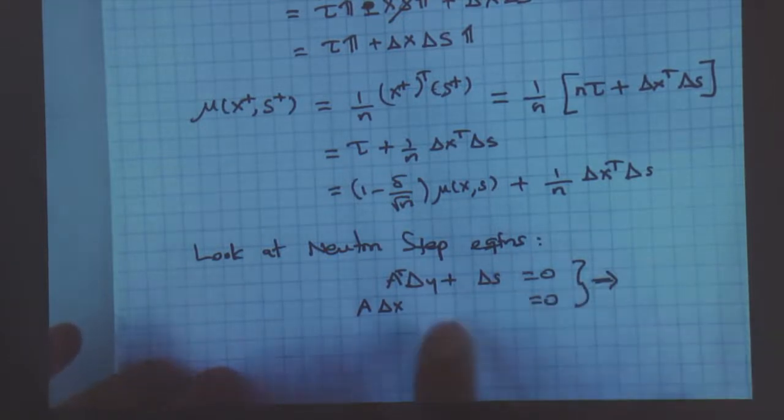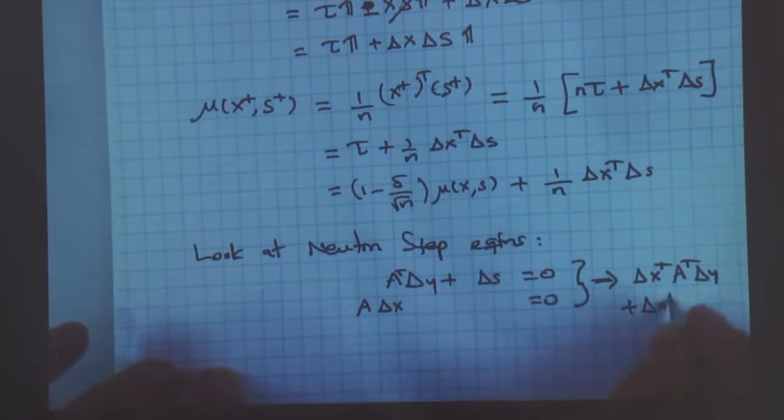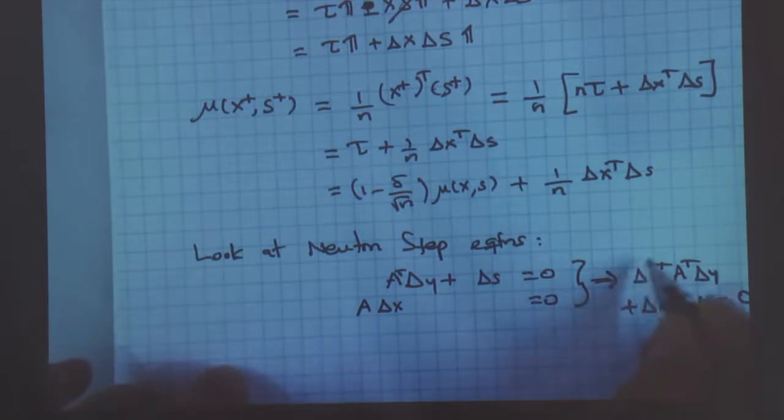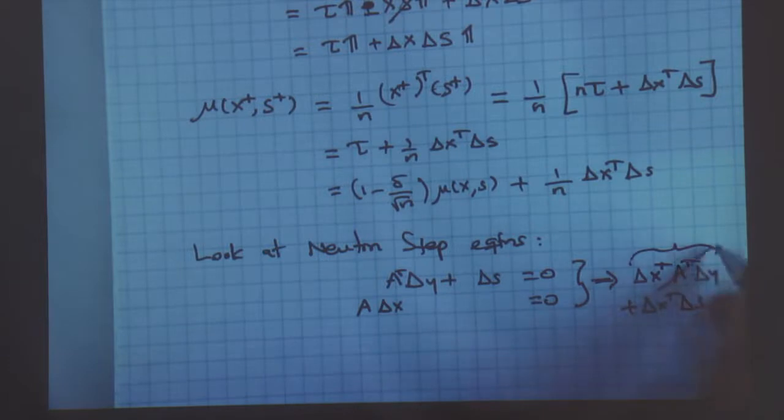So if I multiply by delta x transpose at the top, I get delta x transpose A transpose delta y plus delta x transpose delta s is equal to 0, right? Now, what is this first term equal to? Delta x transpose A transpose is just the transpose of A delta x, so this is equal to 0.